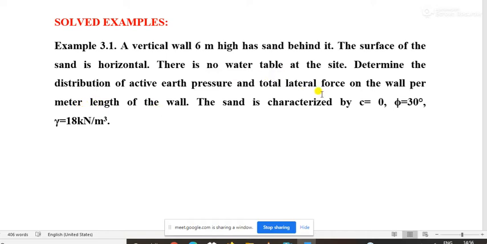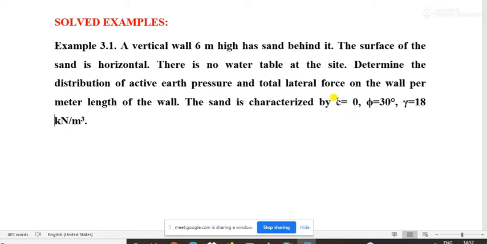The characteristics of the backfill soil, that is sand here: C is equal to 0, phi is equal to 30 degree, and gamma, the unit weight of the backfill soil, is equal to 18 kilonewton per meter cube. These are the most important data for these types of problem.